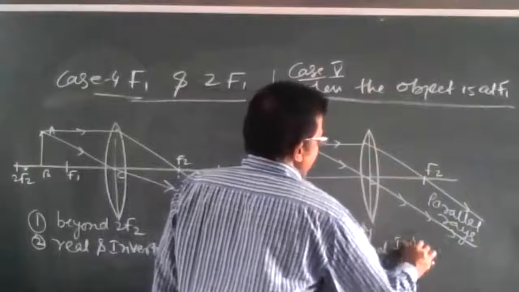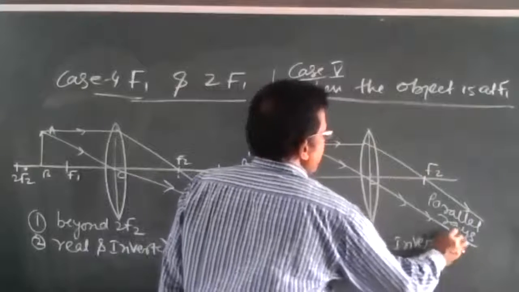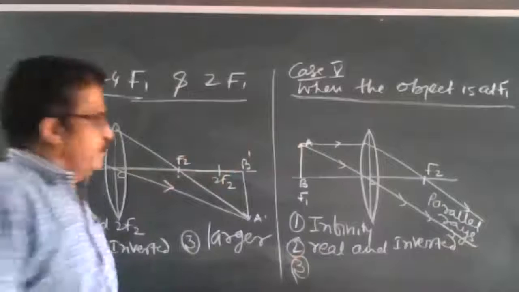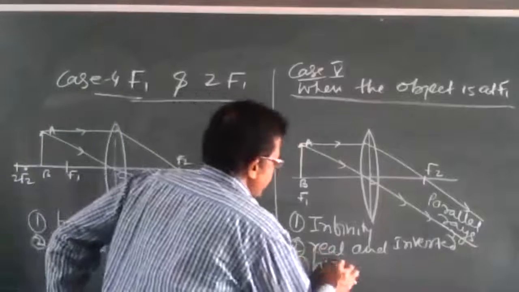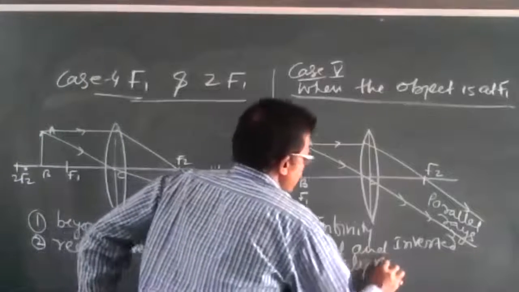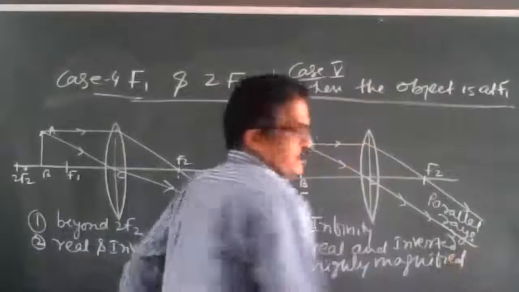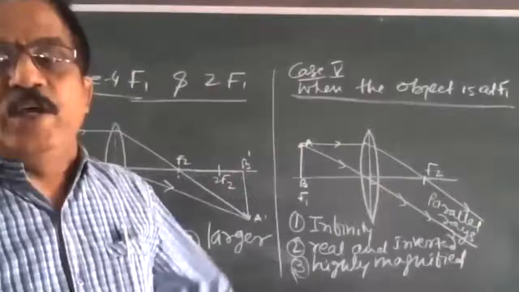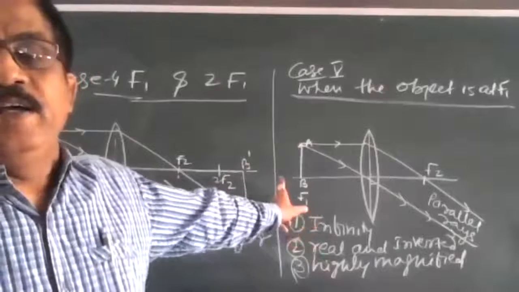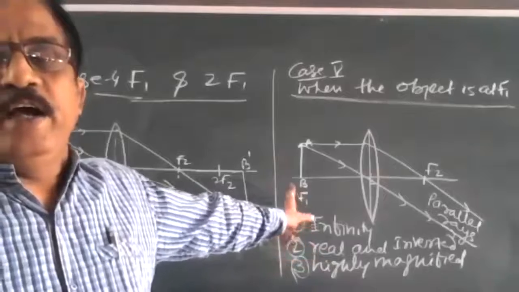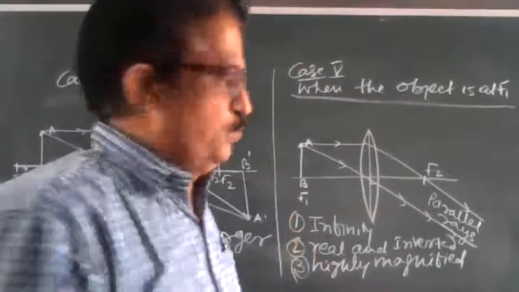See this, so these three points are to be noted: image is formed at infinity, real and inverted, and highly magnified.